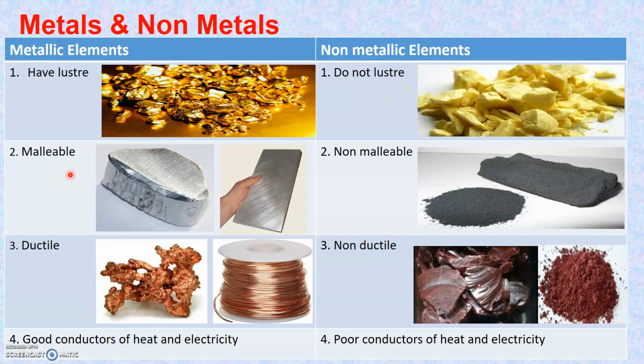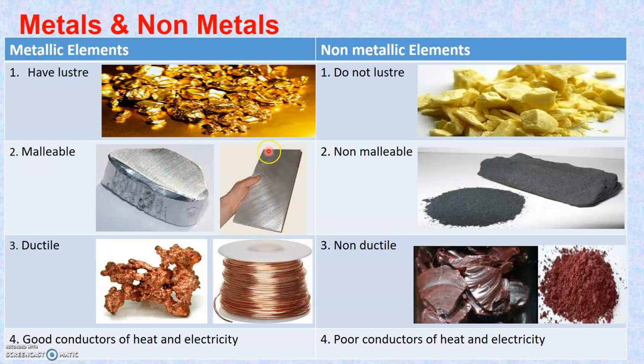Metals are malleable, while non-metals are non-malleable. We have already learned what malleability is. It is the ability of a substance to be hammered into a sheet. As you can see here, this is the metal aluminium. And since metals are malleable, it can be hammered into a sheet.